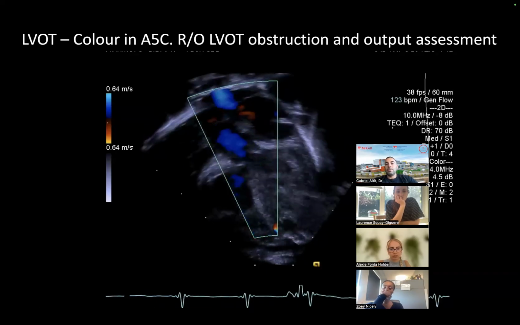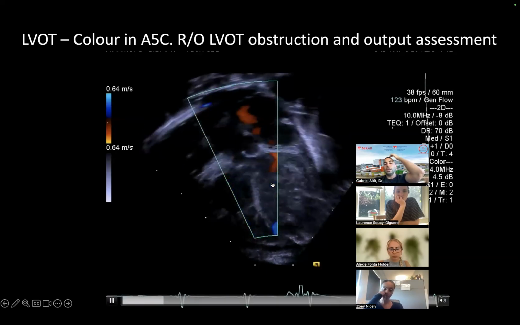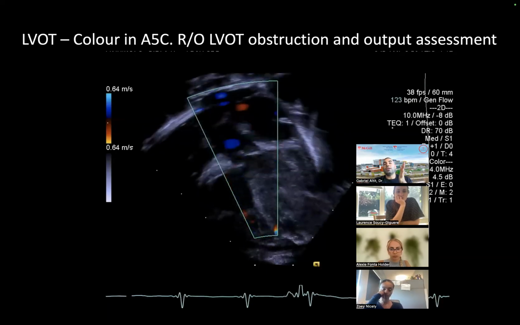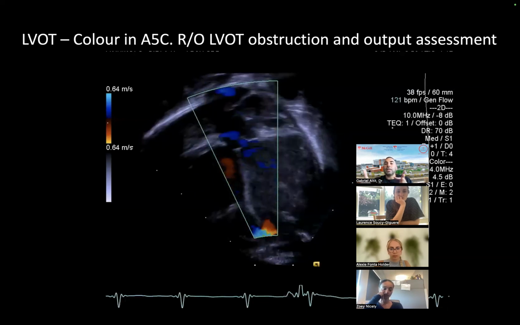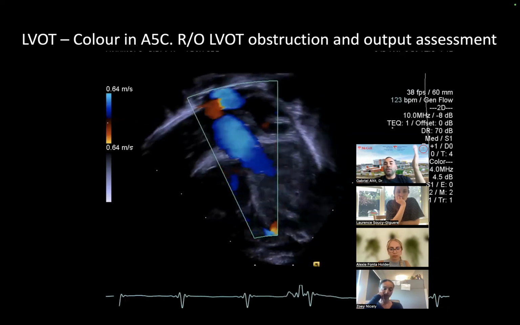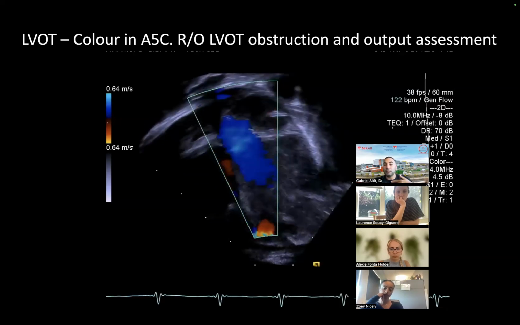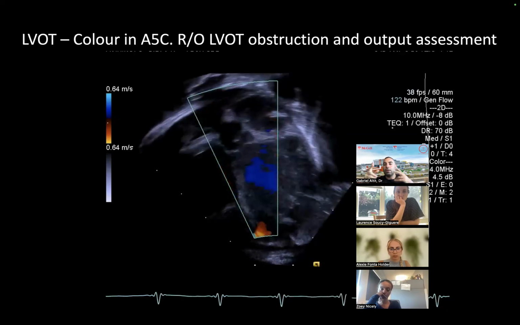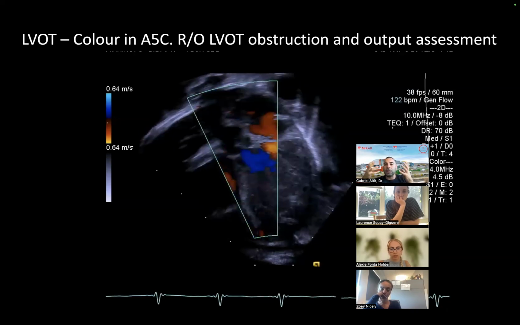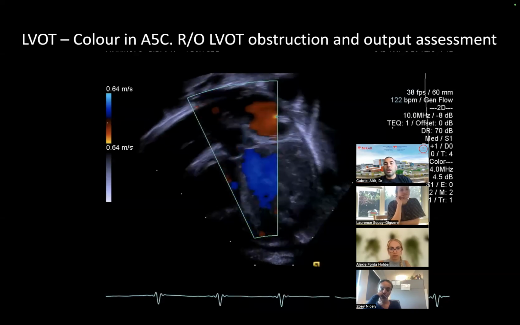You don't want to miss any significant aortic insufficiency. Aortic insufficiency will make your LV preloaded during diastole, from the aorta to the LV, so you get kind of a steal. And if it's significant, you can even see retrograde flow in your arch because of that. You get less effective forward flow, so it drops your cardiac output.